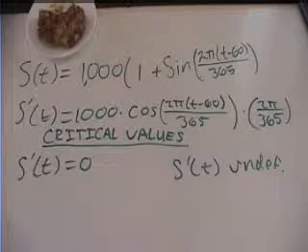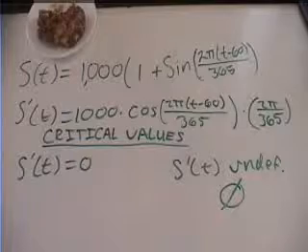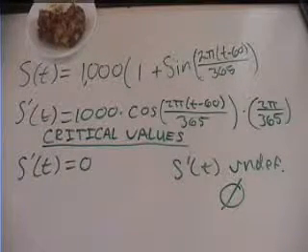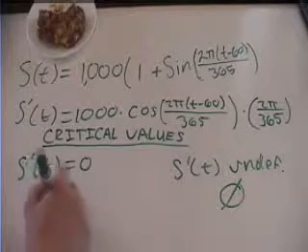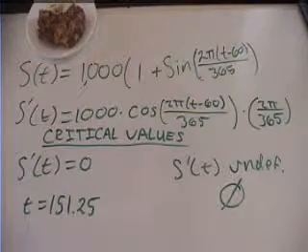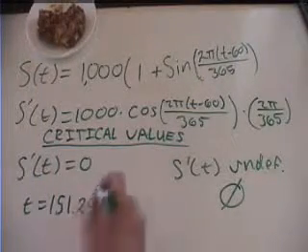Well, we know s prime of t is never undefined because it never divides by 0. And we know that s prime of t equals 0 at 151.25 because this is a calculator active problem and you can just plug it in. And using common sense, we know that 151 days into the year is, of course, May 31st.